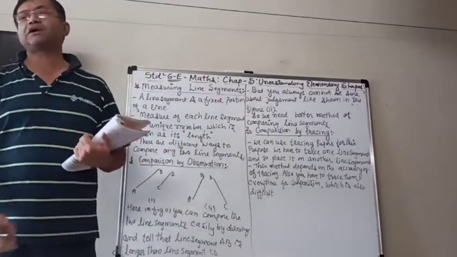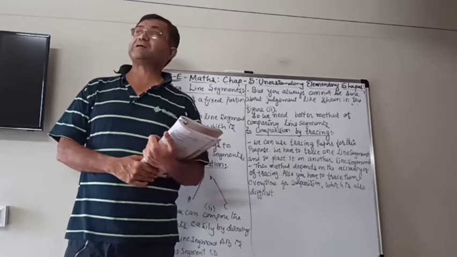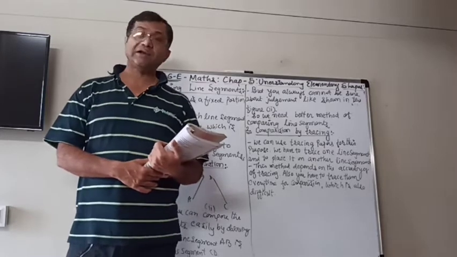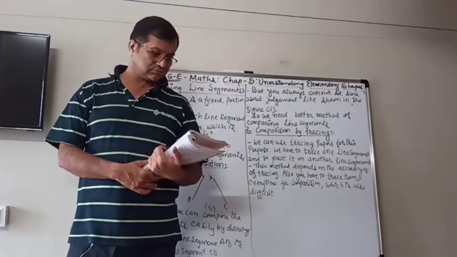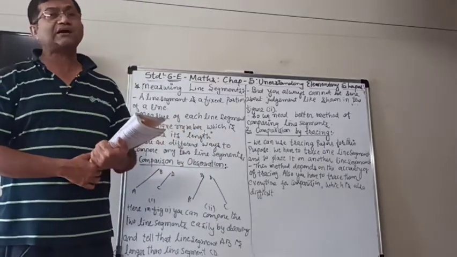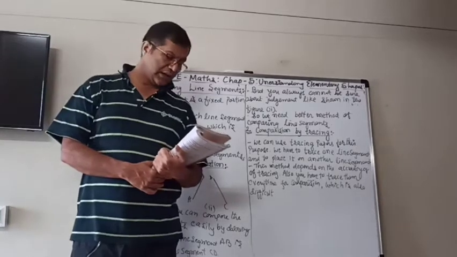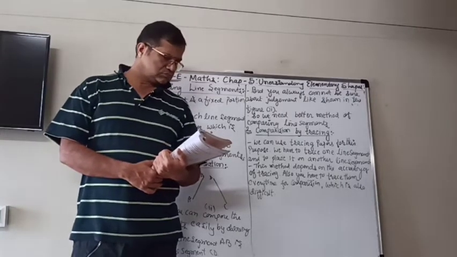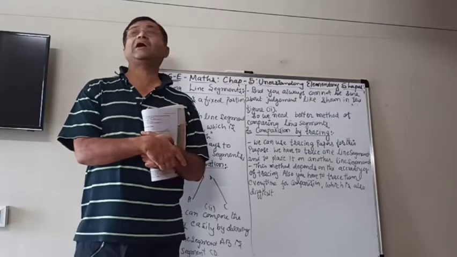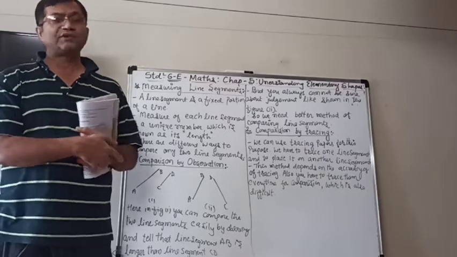Also we learn about the different shapes like lines, line segments, angles, triangles, quadrilaterals, polygons, circles, etc. Now we know that all of them will have different sizes, different measurements.